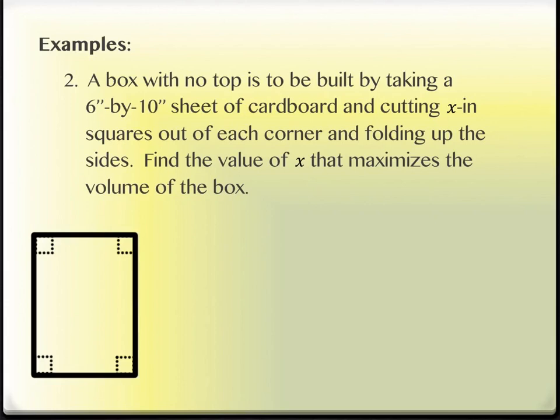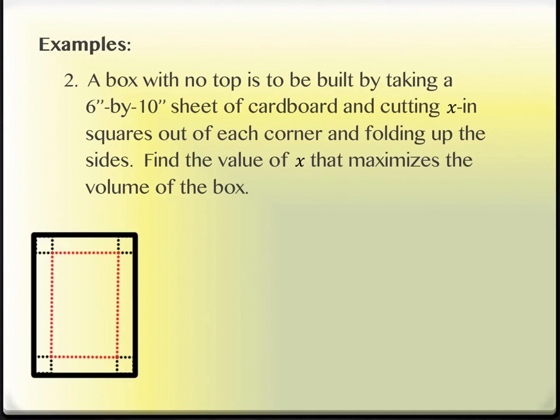All right, so those are going to be cut. And then you're going to fold along my red dotted lines. And when I fold along my red dotted lines, the red rectangle in the middle is now the bottom of my box. And the tiny little rectangles on each of the 4 sides are going to be the sides of my box that are folded up.